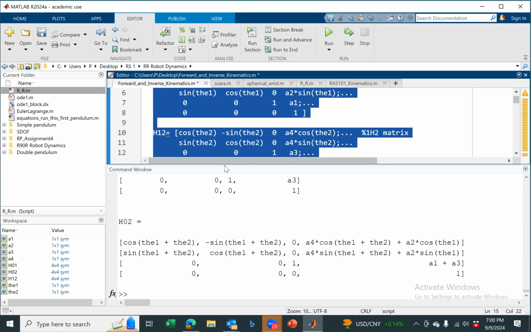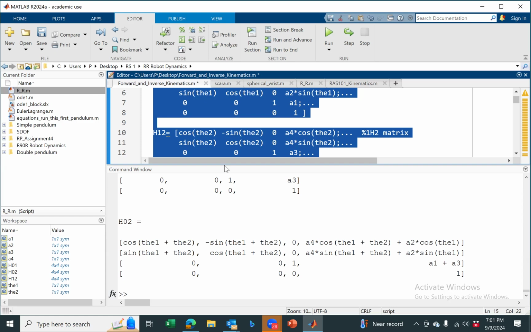Now, can you see that this rotation matrix has the same form: cosine, minus sine, sine, and cosine. So can I say that this rotation matrix is nothing but rotation about z naught?